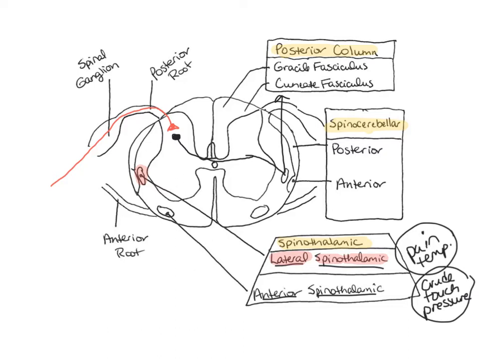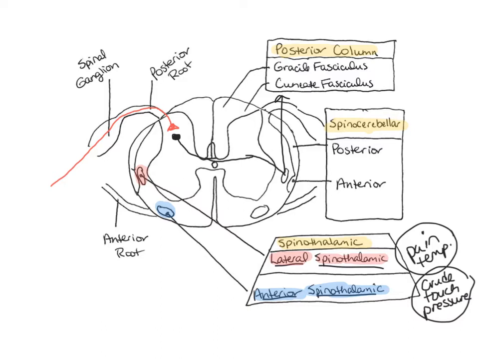Does that make sense? And then we have the anterior spinothalamic, which is carried up in the anterior white column up to the thalamus. So it's anterior for the anterior white column, spinothalamic because it's going up the spinal cord to the thalamus, right?